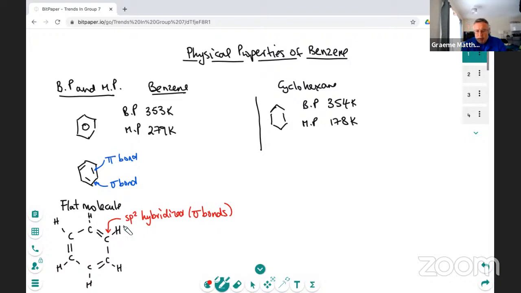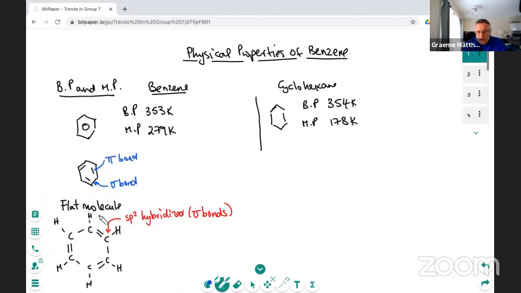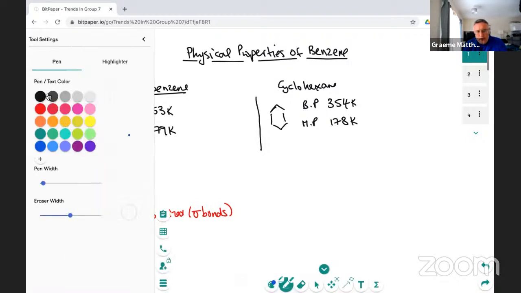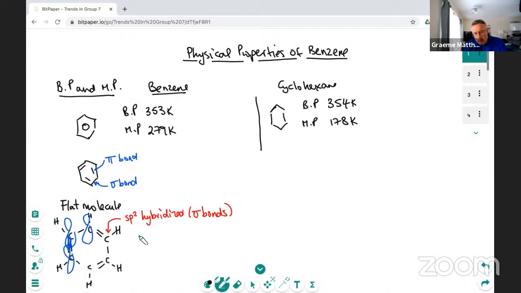So if I look at the sp2 hybridization here, and I put in blue the unhybridized p orbitals like this, going on here and going like here, what you have is the inability to rotate around the bond.